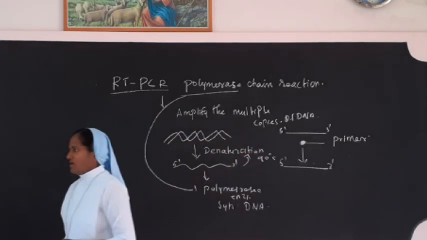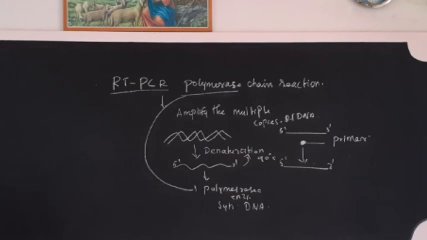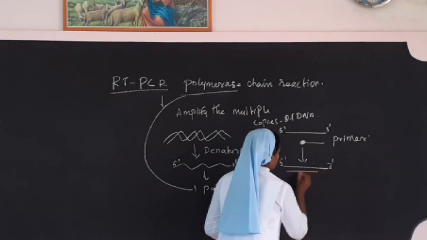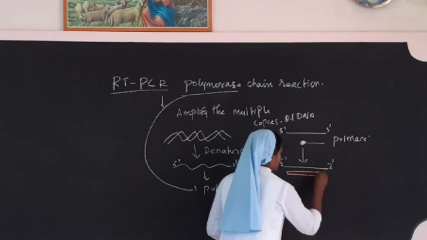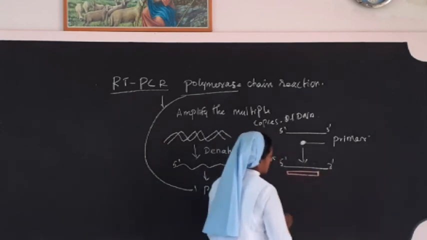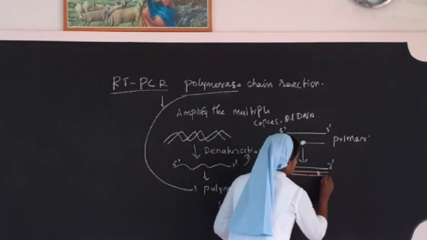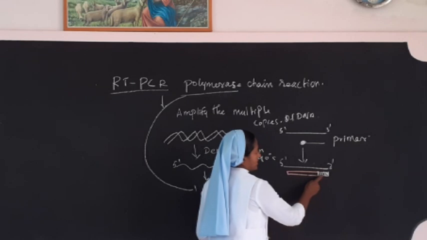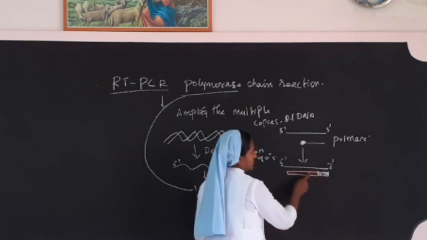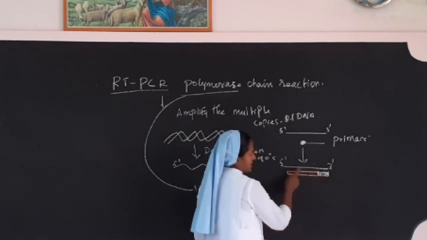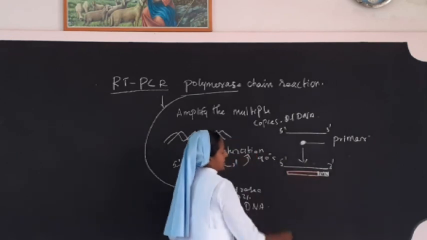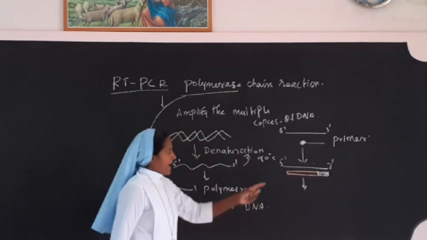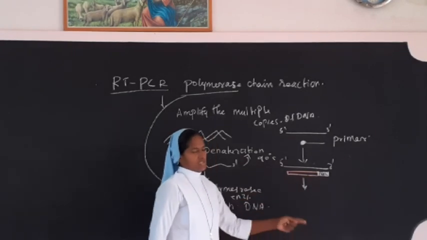Maybe we can draw the new strand in a color. It is a primer we kept here, and the primer that is synthesized, which is complementary to this DNA, forms a new strand, and this will be amplified in the next step.